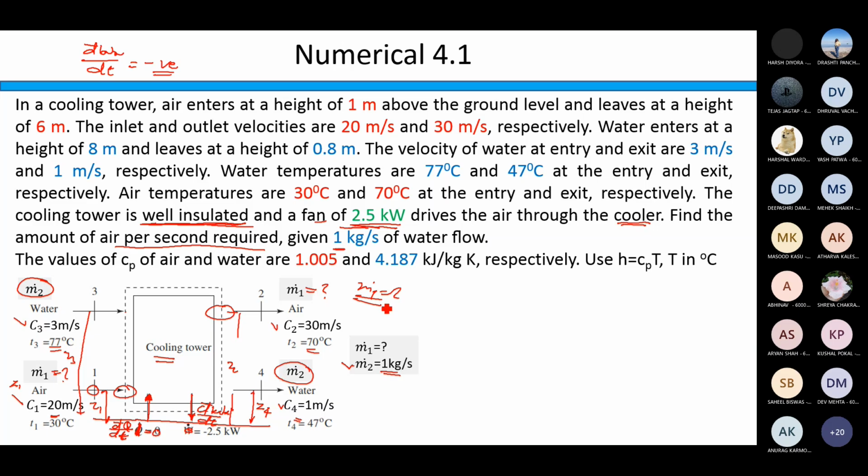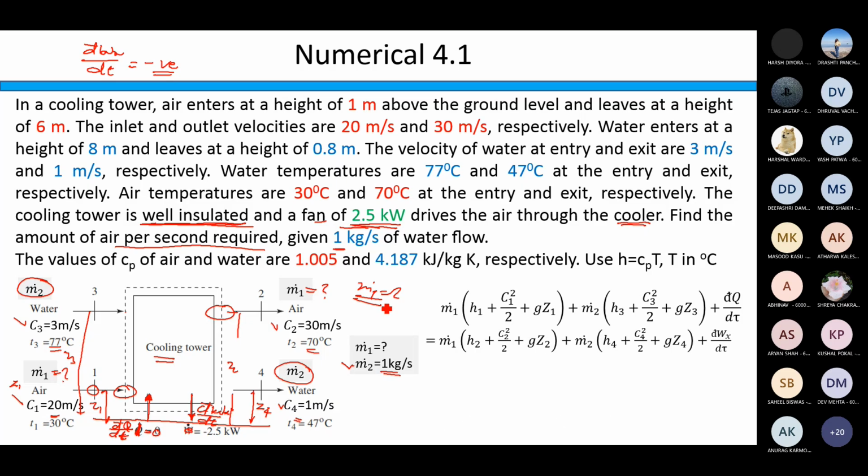Is it clear? Okay, fine. So I am just projecting the answer also here. This is the equation you will be using, and the answer is 3.16 kg per second. You can calculate on your own. Use the steady flow energy equation, and check whether you are getting this 3.16 kg per second or not.